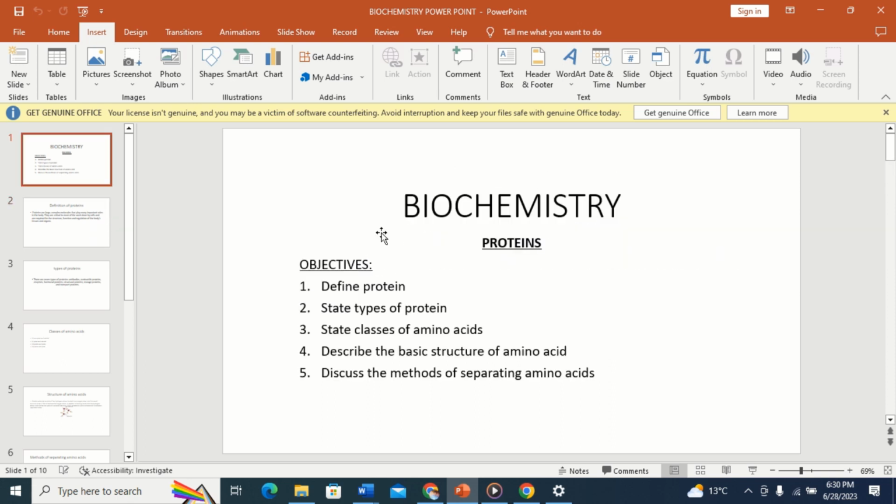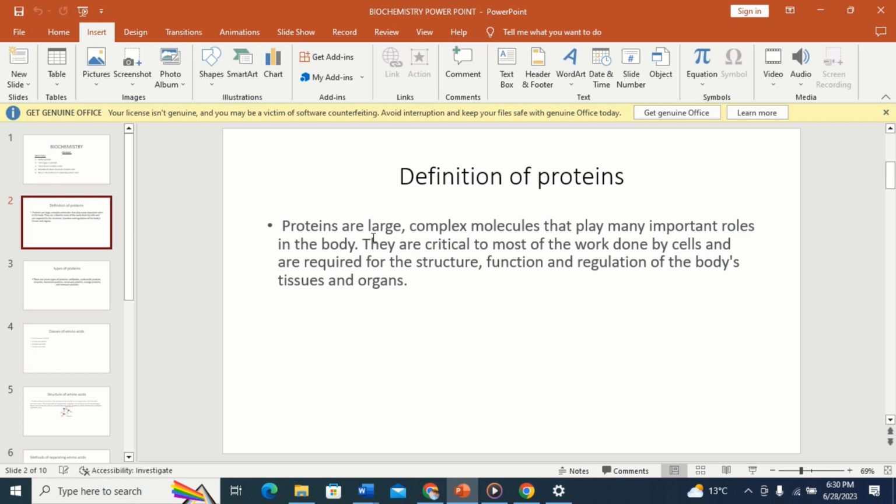We'll start from the first objective, the definition of proteins, because at the end you should be able to define what a protein is. You cannot talk about proteins if you don't know the meaning of it. Just like lipids and carbohydrates, we also have proteins, which are large complex molecules that play important roles in our body. They are critical to most of the work done by the cells, and are required for the structure, function and regulation of the body's tissues and organs.